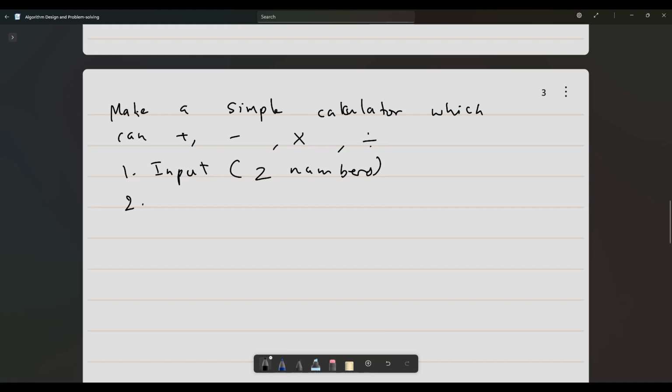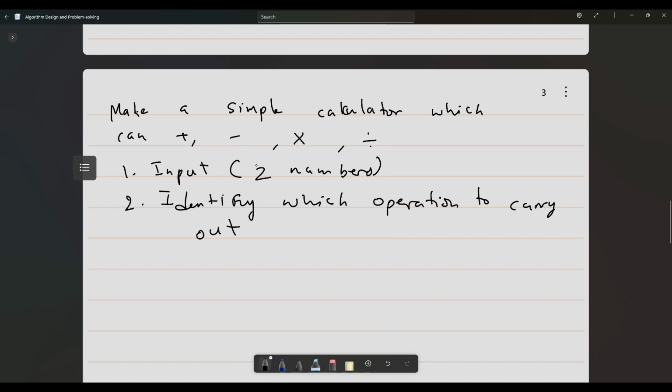Then we need to identify which operation to carry out. We need to know if we want to carry out addition, subtraction, multiplication, or division. This also we need to get from the user. Then we need to perform the calculation.